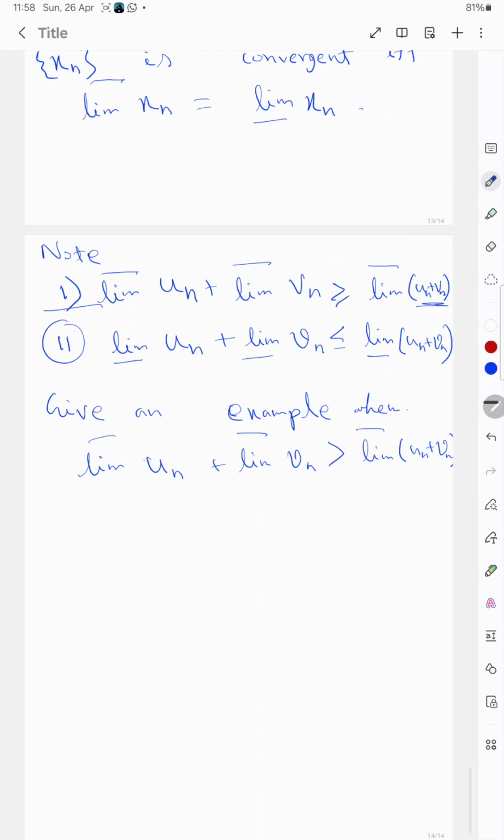Okay, so for this there is an example: suppose you have un equal to sine n pi by 2, and vn equal to cosine n pi by 2. So what is limit un? This will be 1, right? And what is limit vn? This is also 1.